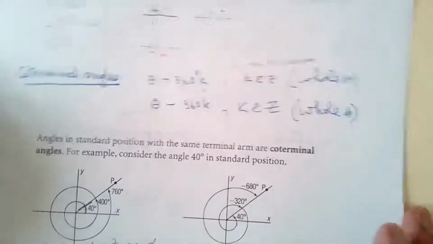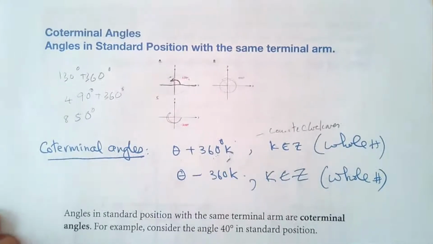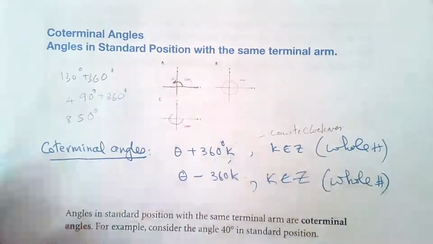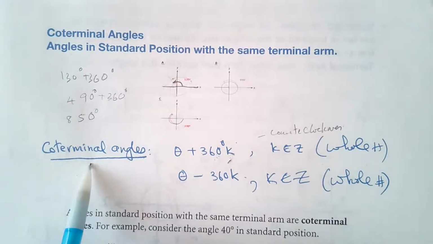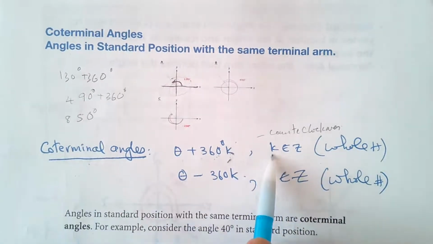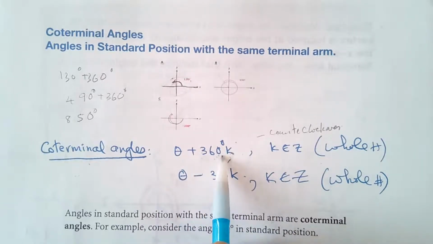So for coterminal angles in standard position with the same terminal arm, the coterminal angle can be found, if you're going counterclockwise, as theta plus 360 degrees times k.